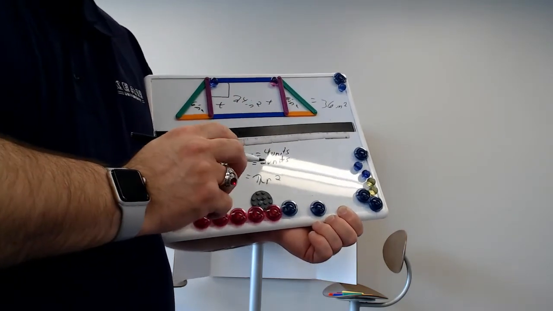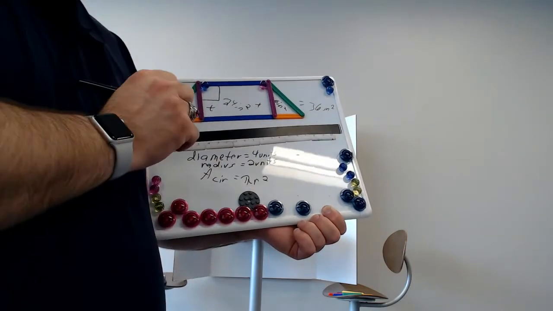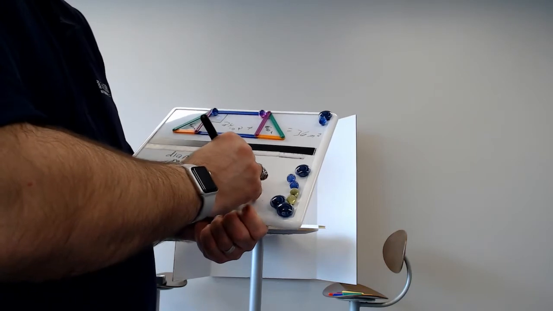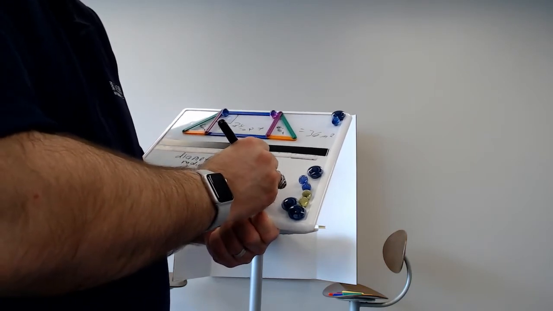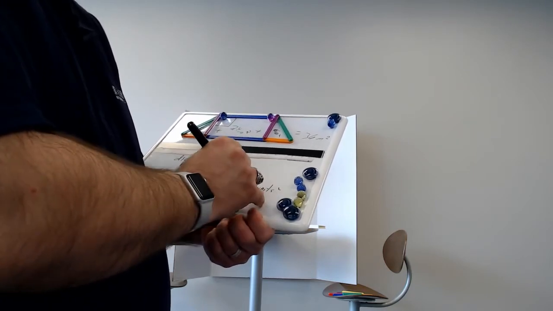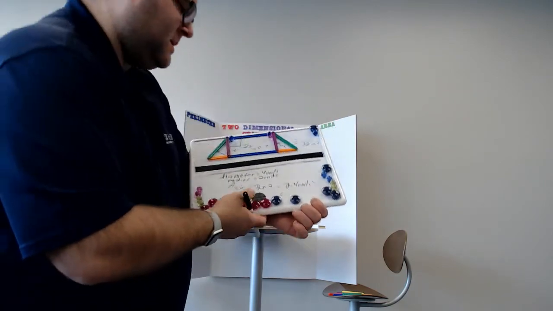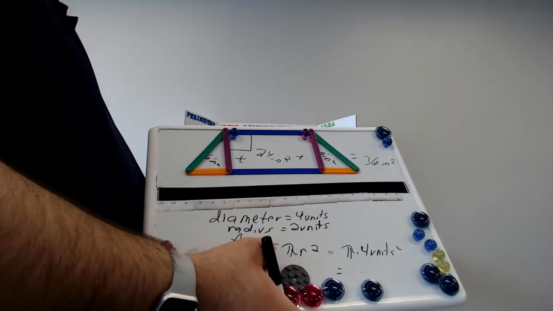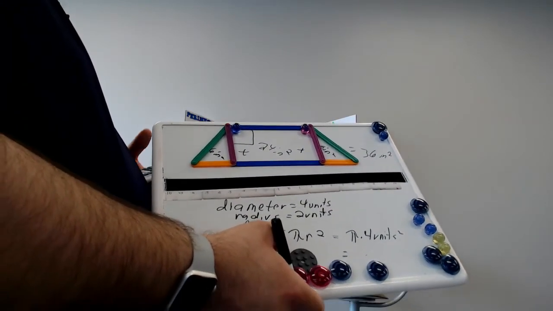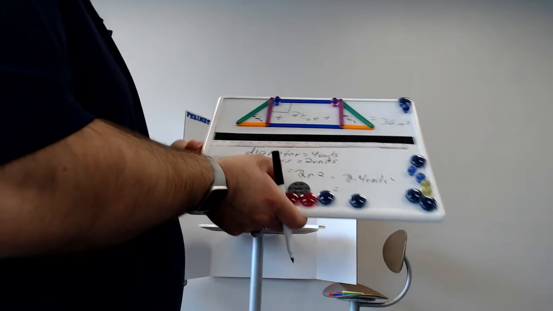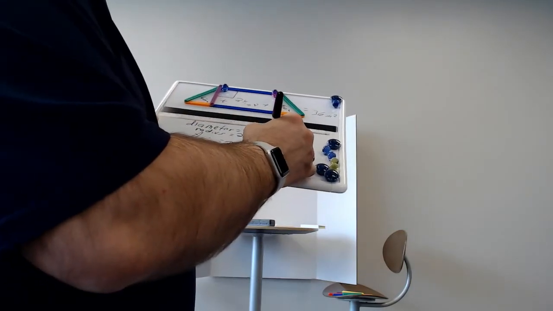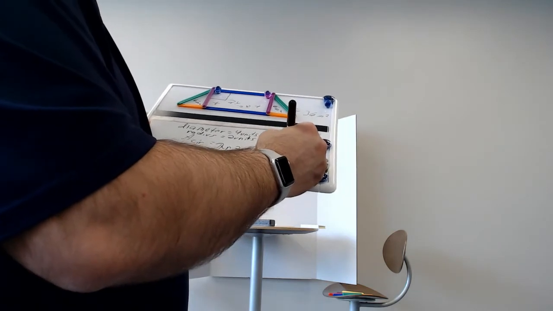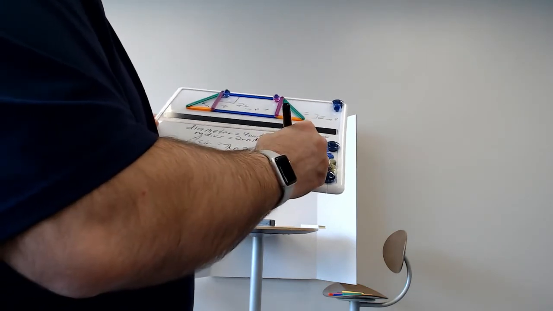And what we arrive at is, in this case, our radius is 2 units, pi times 4 units squared. When I drop this into a calculator, I get 12.566 units squared.